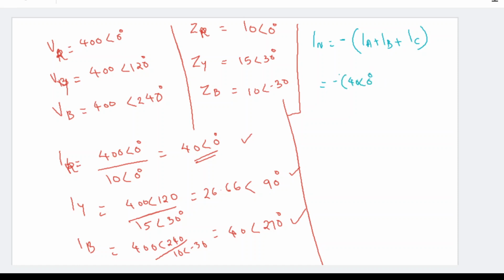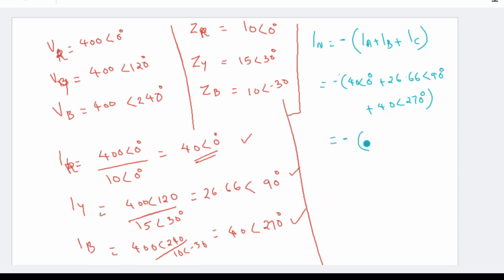So we have to use the addition method. For algebraic addition, it is better if we convert it into rectangular coordinate system. Now it is in polar coordinates, so please convert it into rectangular coordinate system.